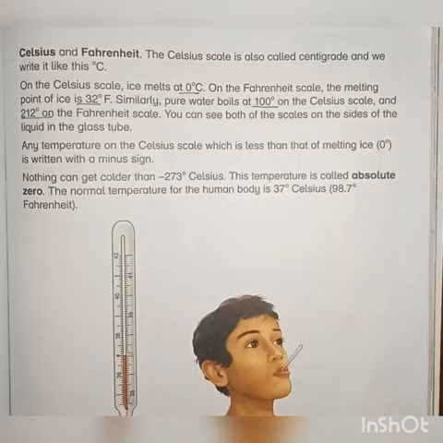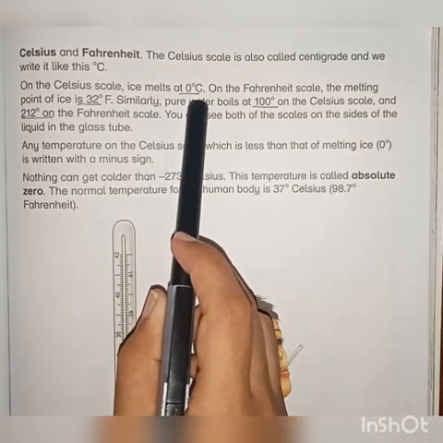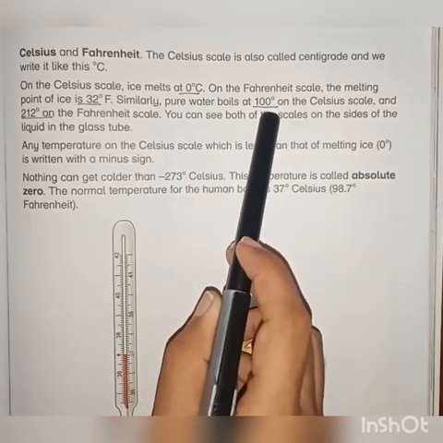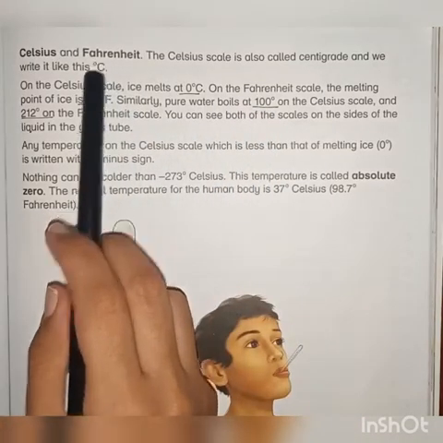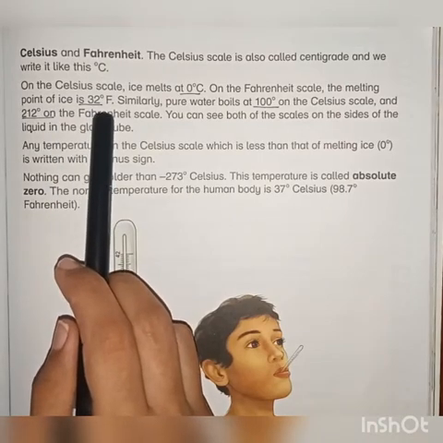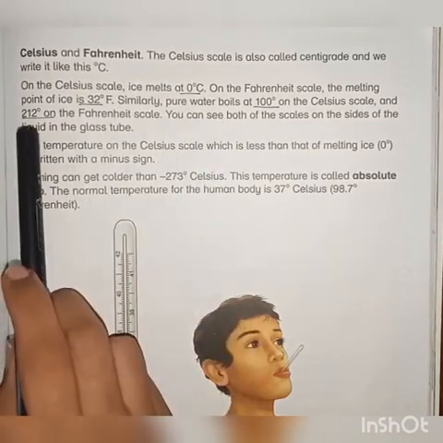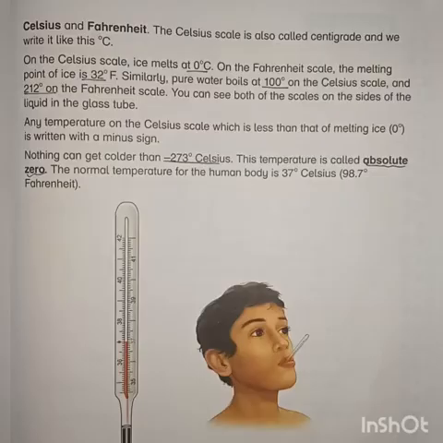When we measure temperature on the Celsius scale, ice melts at 0 degree centigrade and water boils at 100 degree centigrade. While on the Fahrenheit scale, ice melts at 32 degree Fahrenheit and water boils at 212 degree on the Fahrenheit scale. Temperature that is less than 0 degree centigrade is always written with a minus sign.